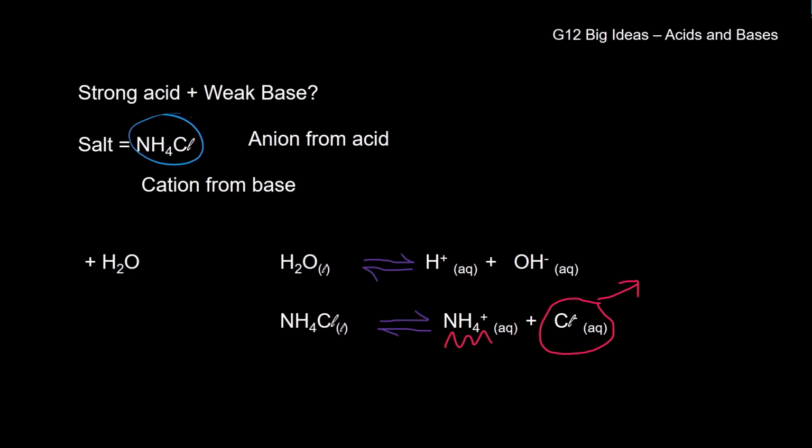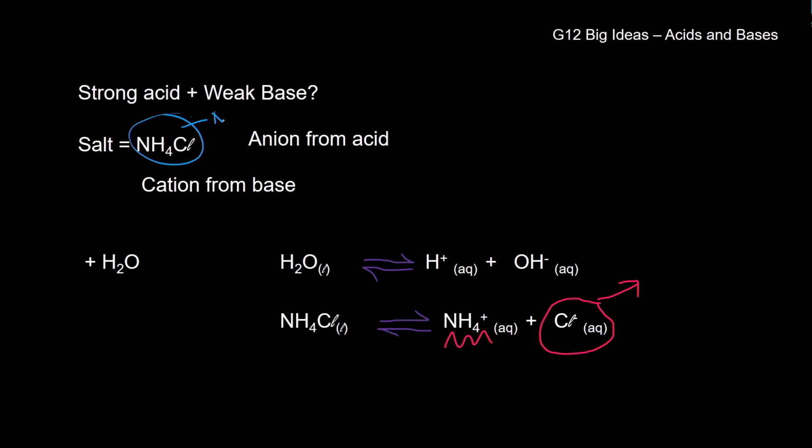Now, when we want to see what the acid is and what the base is, we look at the ions of this particular salt. So we've got the NH4+ ion, which is the ammonium ion, and we have the chloride ion forming.